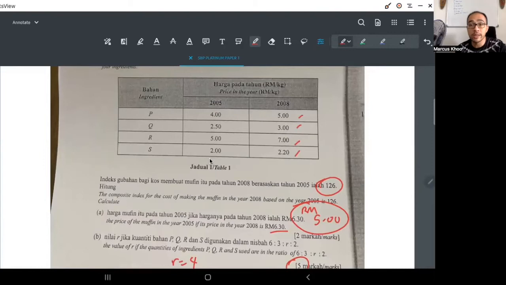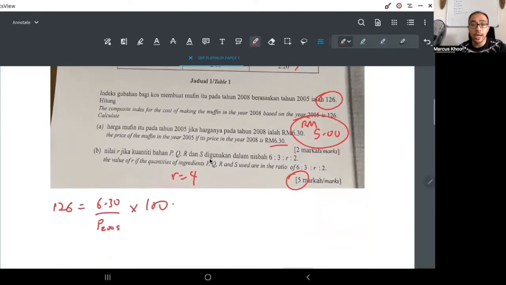So for P, how much is the price index? For Q, how much is the price index? So you have to calculate the price index. And then after that, you do I times W, I times W for each. The W will be 6, 3, R and 2, and then you set the composite index equal to 126.